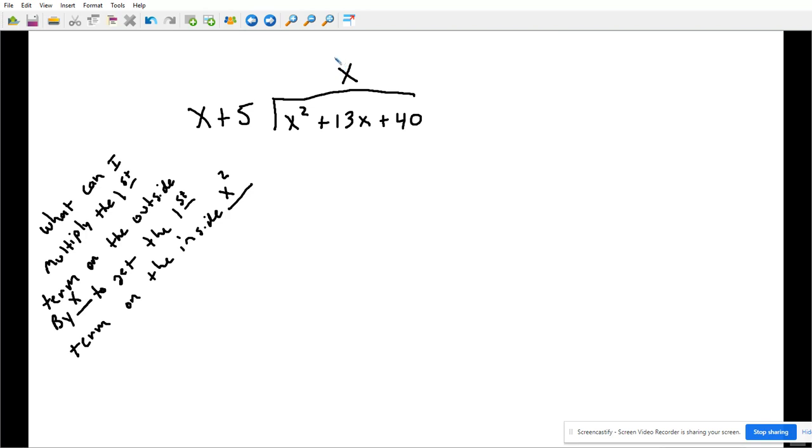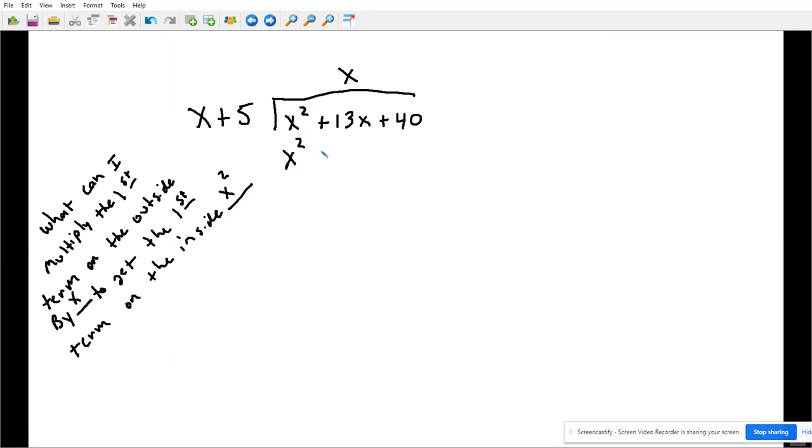So now I'm going to take this x and I'm going to multiply, okay, x times x is going to give me x squared. The first thing I write down better be the same, okay? I'm going to take this x times x and multiply that by a 5. So that would give me a plus 5x, okay? So again, once I establish what this number is, I'm going to multiply it by both of the terms on the outside.